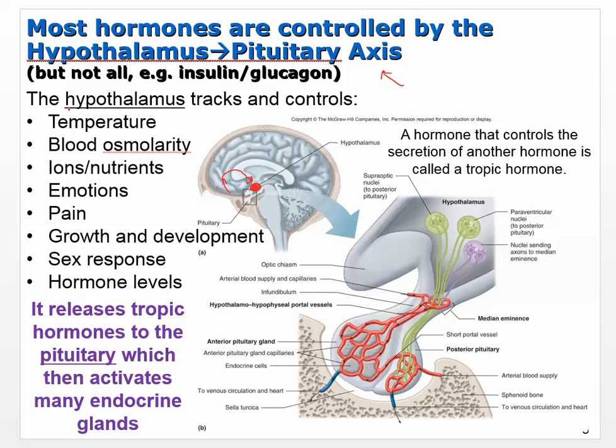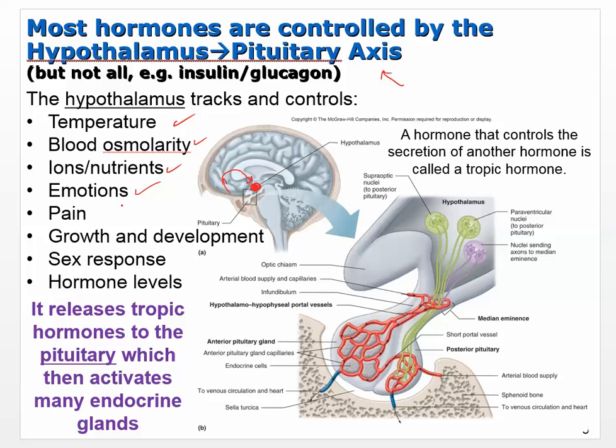Many of the things that the hypothalamus tracks and controls, if you can say that about a brain region, come through it as signals, and it all goes through the hypothalamus. That includes temperature, blood osmolarity, ions, nutrients, emotions.